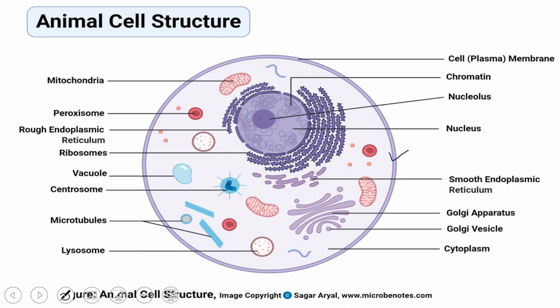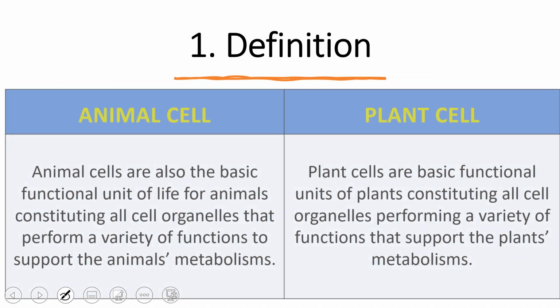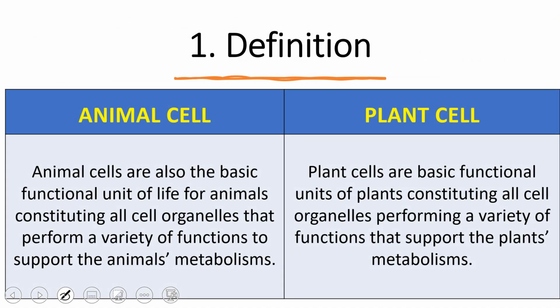First, the plant cells normally can be larger than the animal cells. Let's see the definition first. What are the basic differences in their definitions? Animal cells are the basic functional unit of life for animals, constituting all the cell organelles that perform a variety of functions which support the animal's metabolism and their normal day-to-day functions.